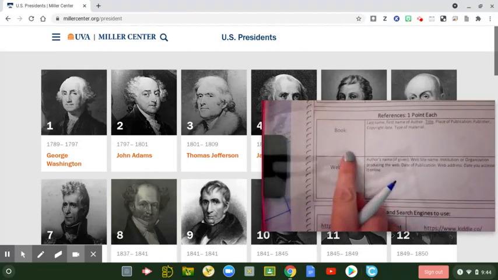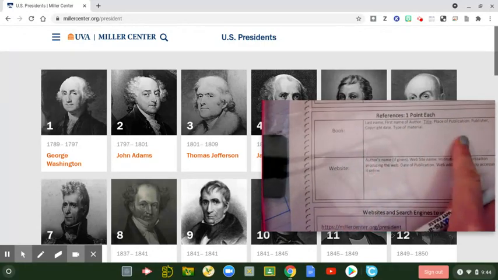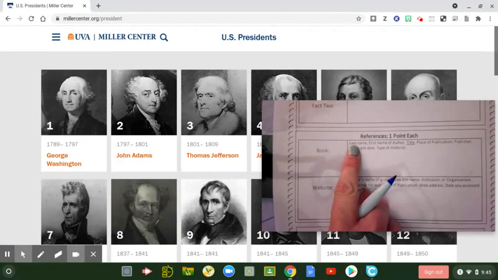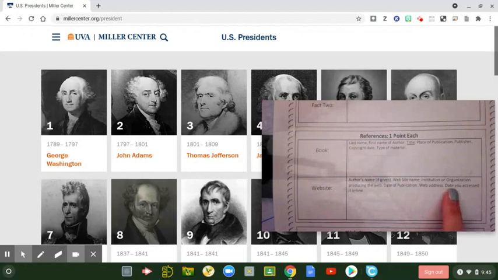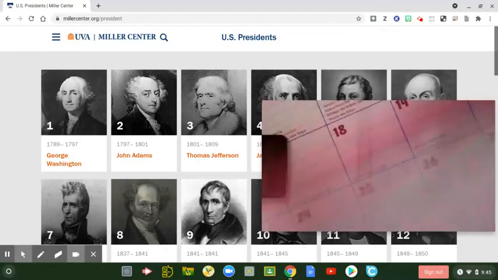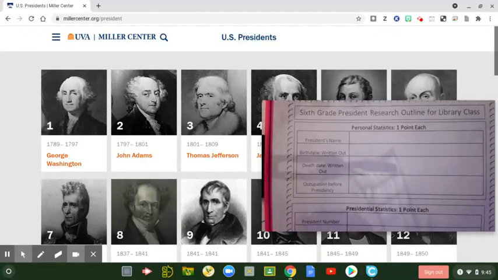And then we have our references. We're going to write one for a book, and this tells us exactly how we're to do that. And then we're going to write one for the website. Okay? All right, let's go back to the beginning, because Mrs. K is going to walk through this entire thing for you today.